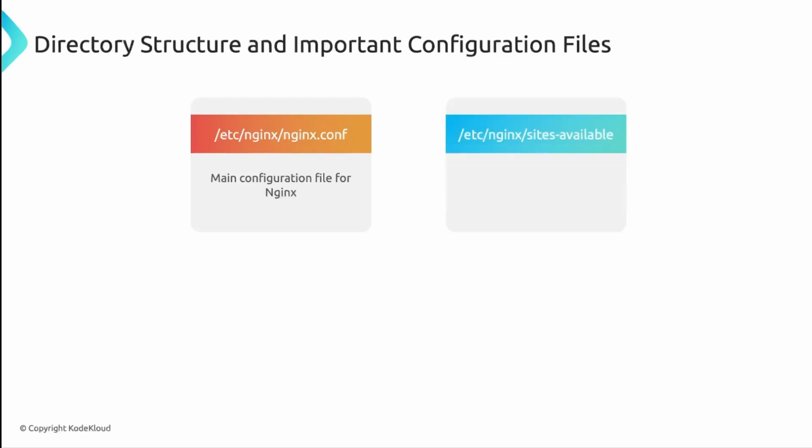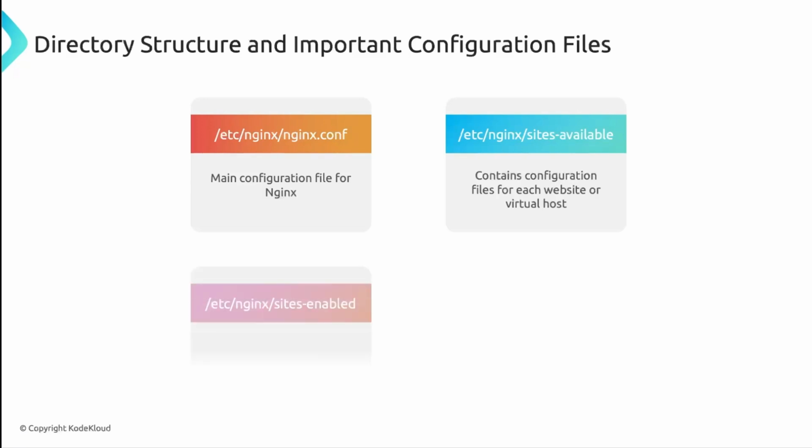Next, we have a directory inside of that /etc/nginx folder called sites-available. And here you'll find the configuration files for each website or virtual host you configured. Just keep in mind that just because you have a file in there, it doesn't mean that the configuration is active. So that's where you would need the next folder, which is called /etc/nginx/sites-enabled.